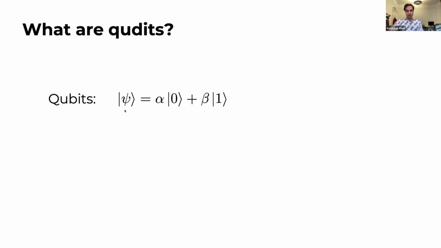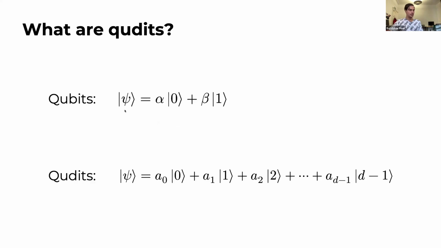And then qudits are the generalization of this. So here you have the superposition of ket 0, ket 1, ket 2, and so on up until ket d minus 1. So you have d computational basis states. And you can use all of this to do your reasoning. So obviously it's a more dense way of computing.